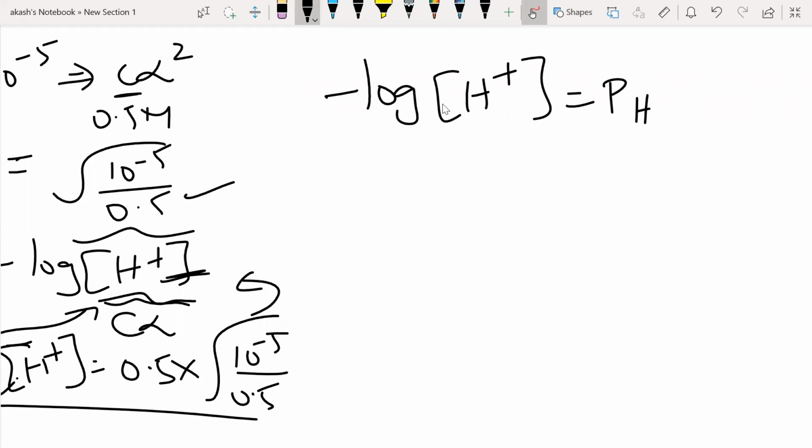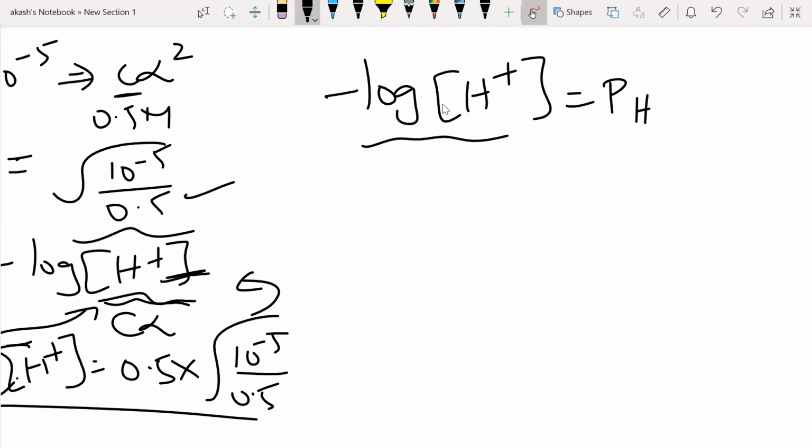Now I have an acid and a base, and they both will react together to form H2O. Now H2O cannot give me H plus concentration, ideally speaking, in the sense that it'll be very poor. Even if you take the pH of that, it is going to be 7.